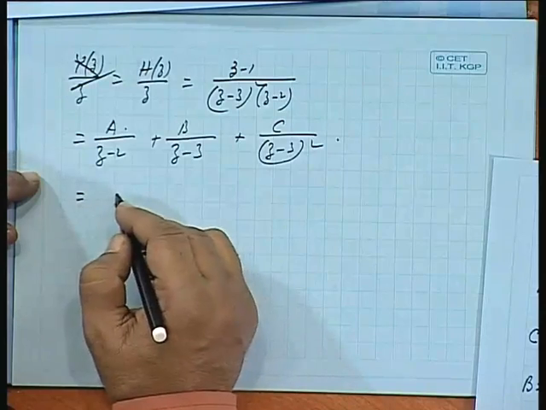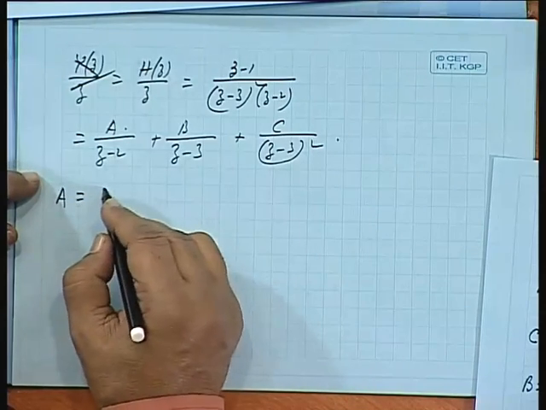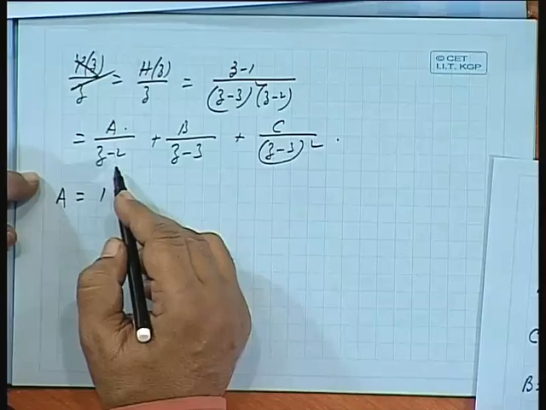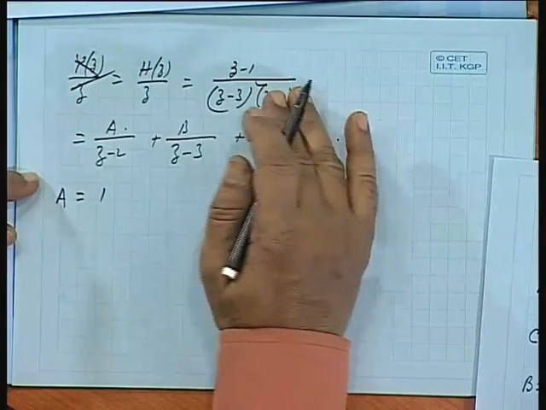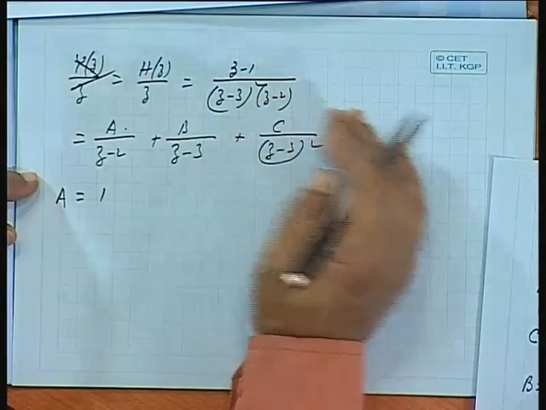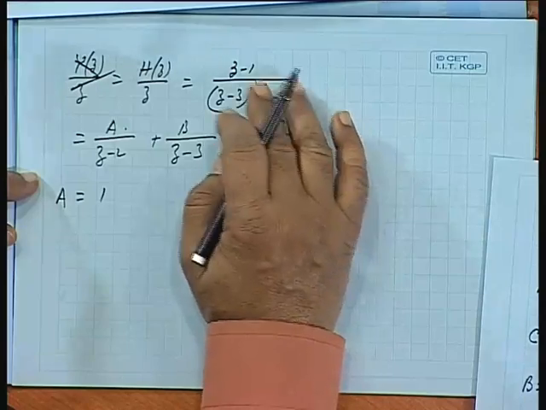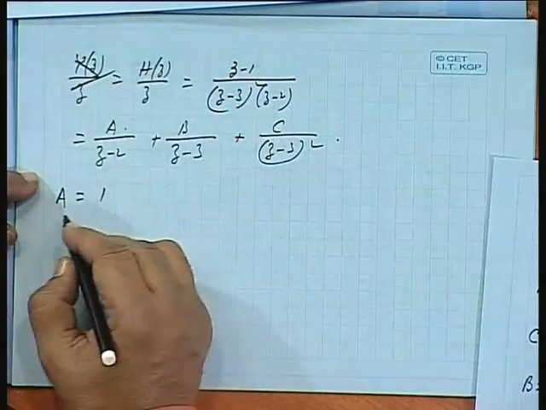A is, multiply by z minus 2, put z is equal to 2, so it will be 2 minus 1, 1. Okay.